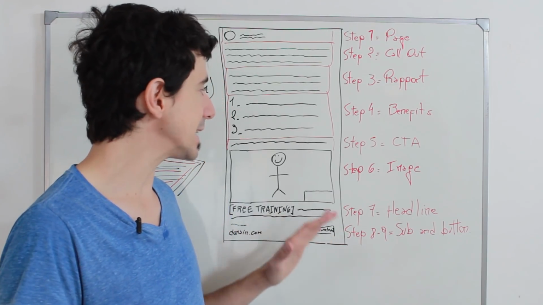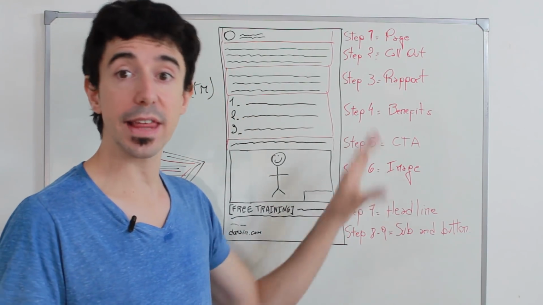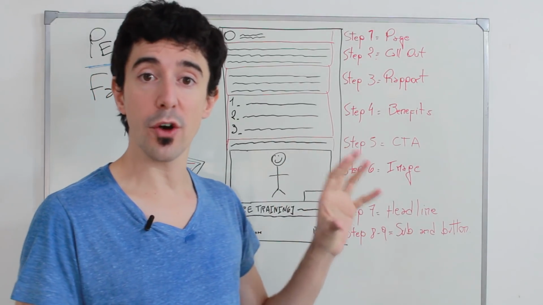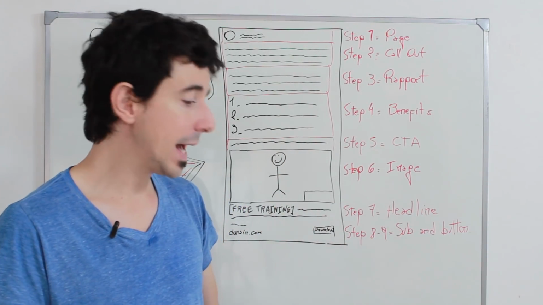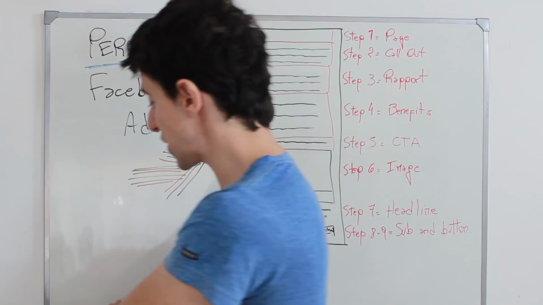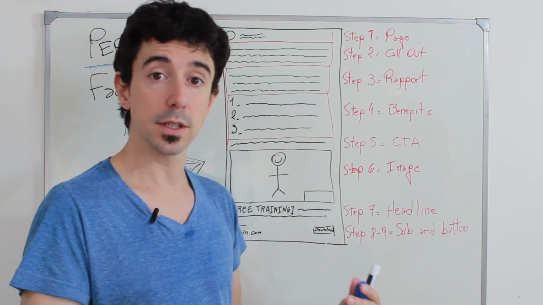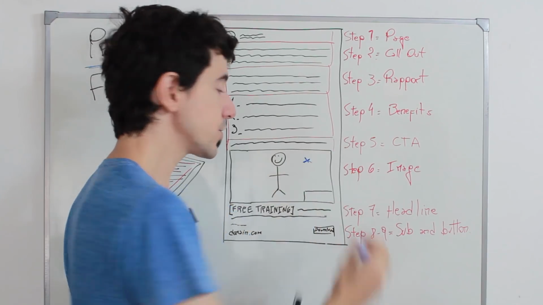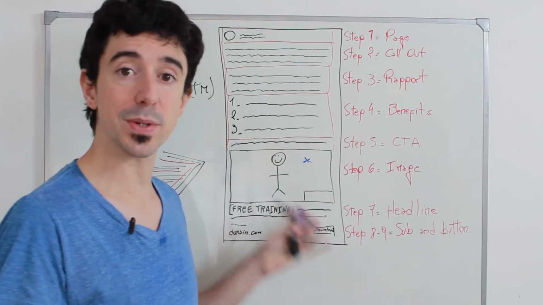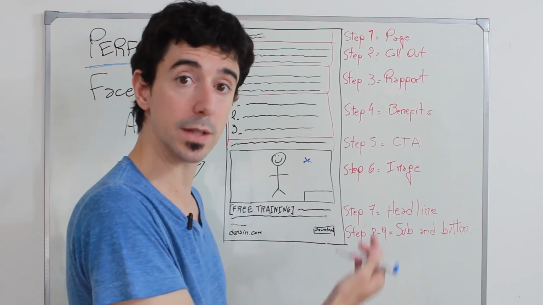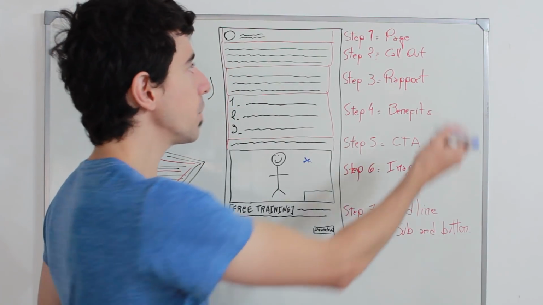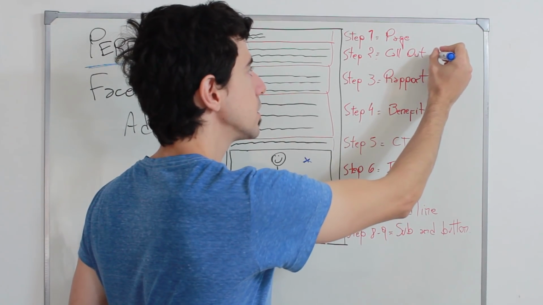But the reality is that out of these things, if you need to focus on just a handful of them, I would focus personally on 2 or 3 main things, which is number 1, the image, okay? So the image again will take 80% of the real estate, so it's really, really important that you focus on that. Number 2, probably the call out, okay?